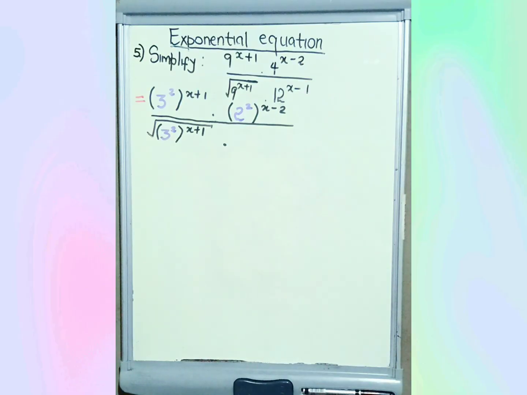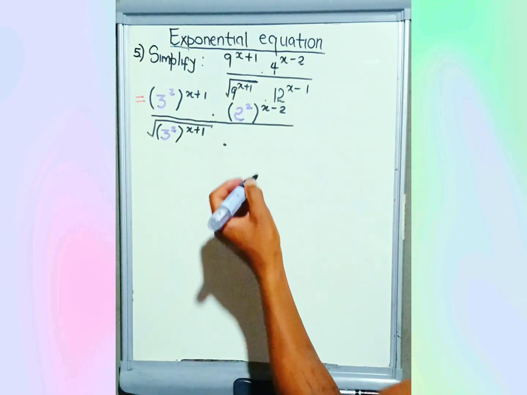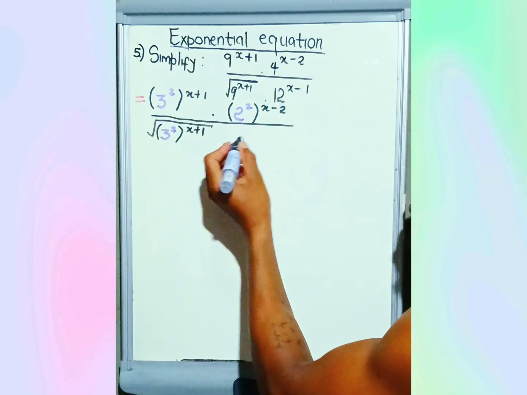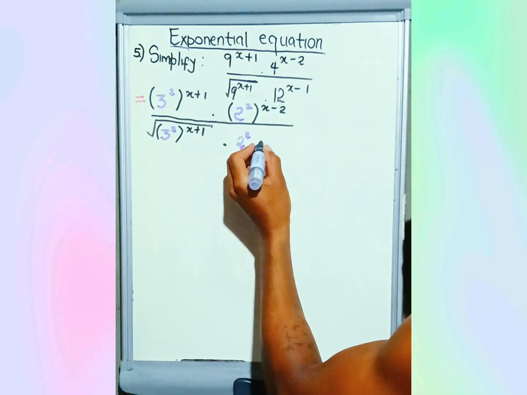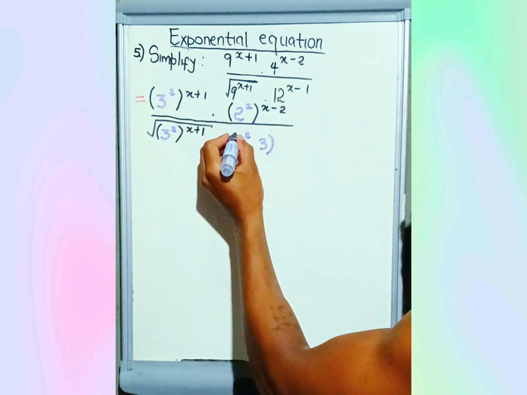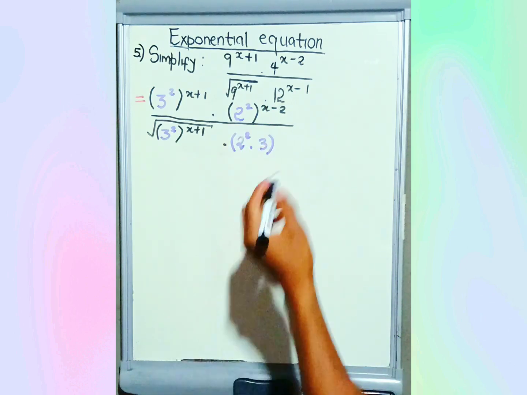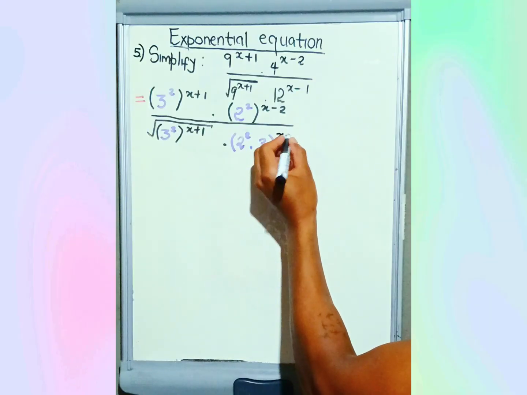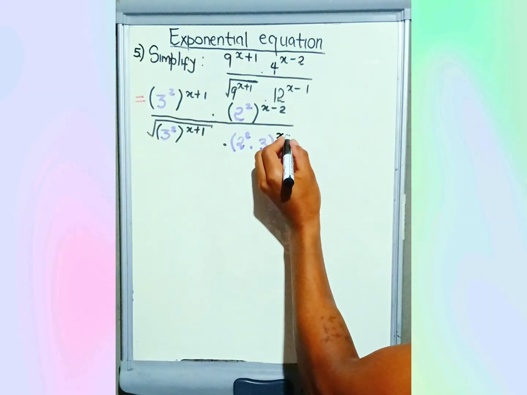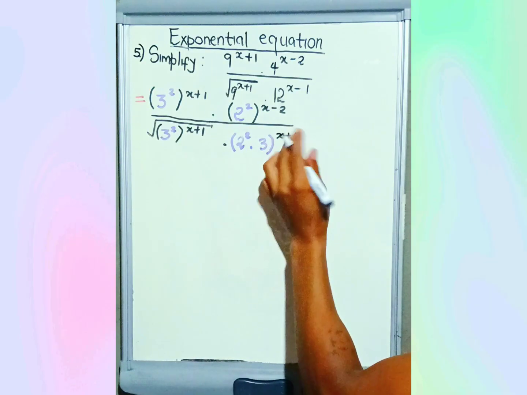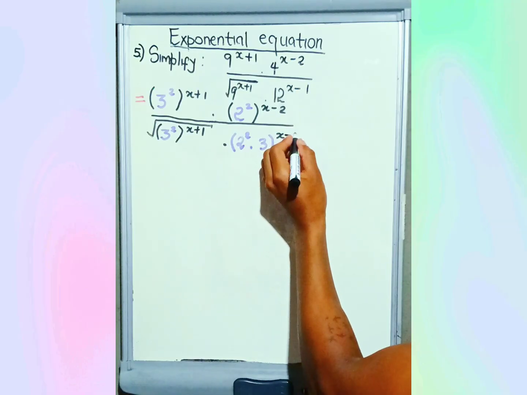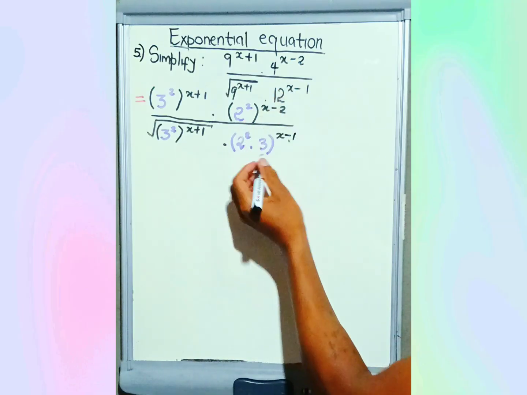You put that inside the bracket, and after that you put the exponent x minus 1.